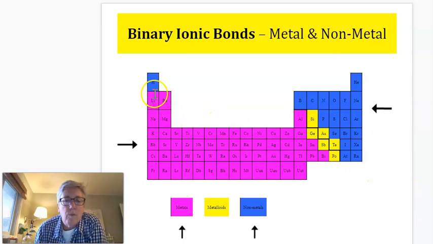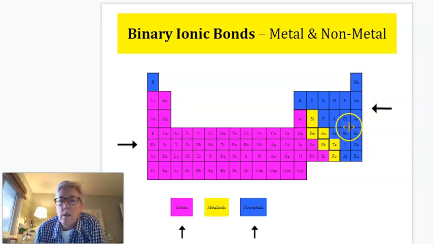I believe this was chapter 4. All of these purple ones are metals. Remember, these are the alkali metals, the alkaline earth metals, the transition metals, and so forth, but they're all metals. Metals tend to lose electrons to become positively charged. So metals form cations.